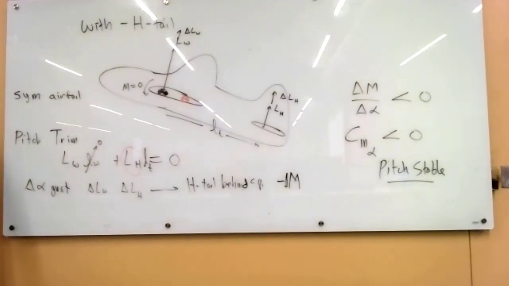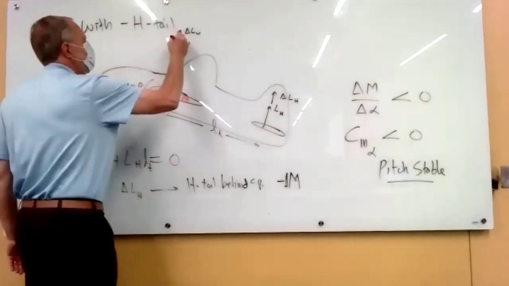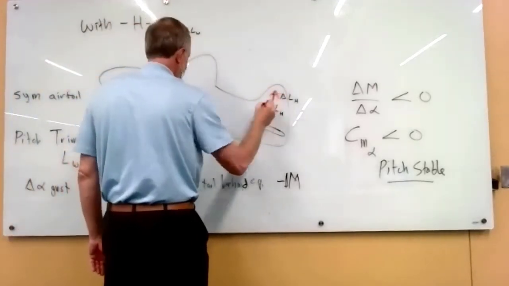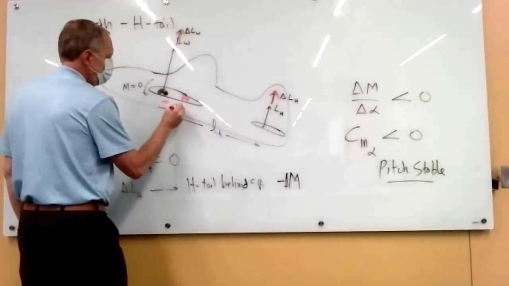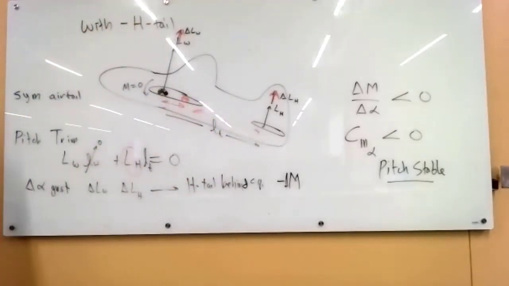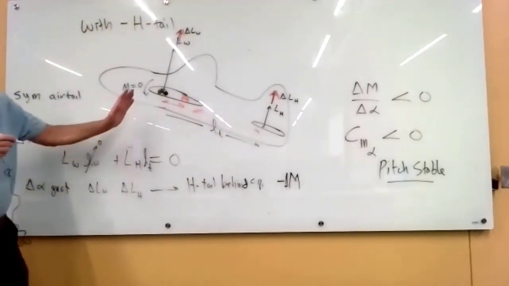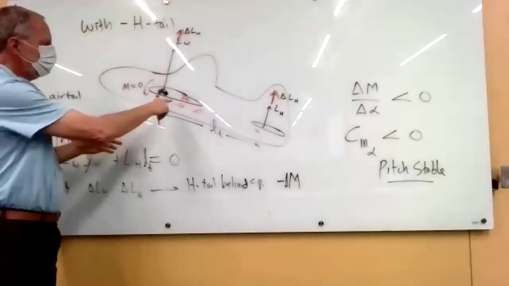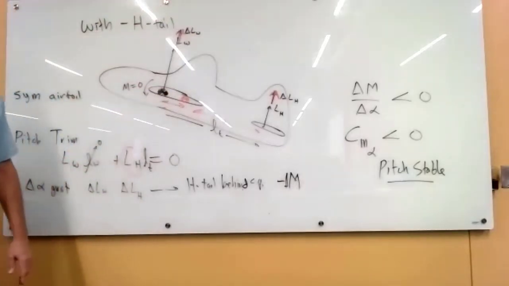What about stability? We don't really know, because we're going to get this delta lift here and a delta lift here. And it's going to depend upon the distance here versus the distance here, right? Because now we're going to get a nose up from this part and a nose down from this part, so it depends on how far back we are as to what's going to happen.